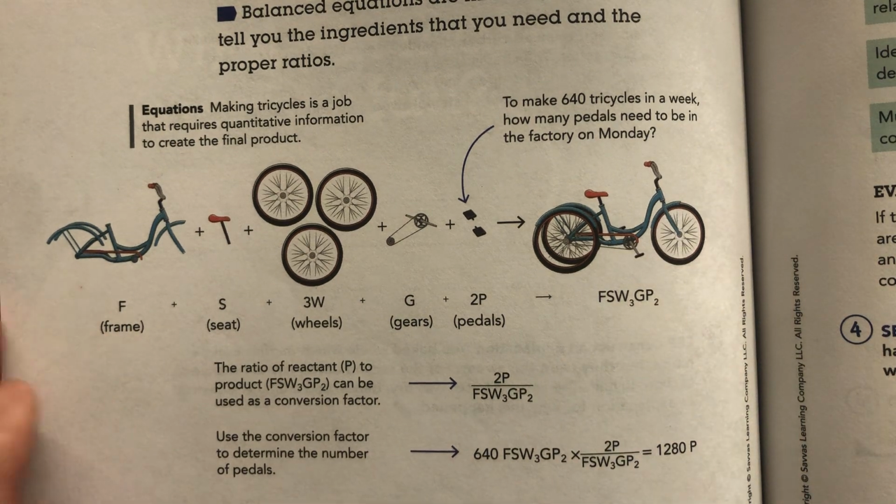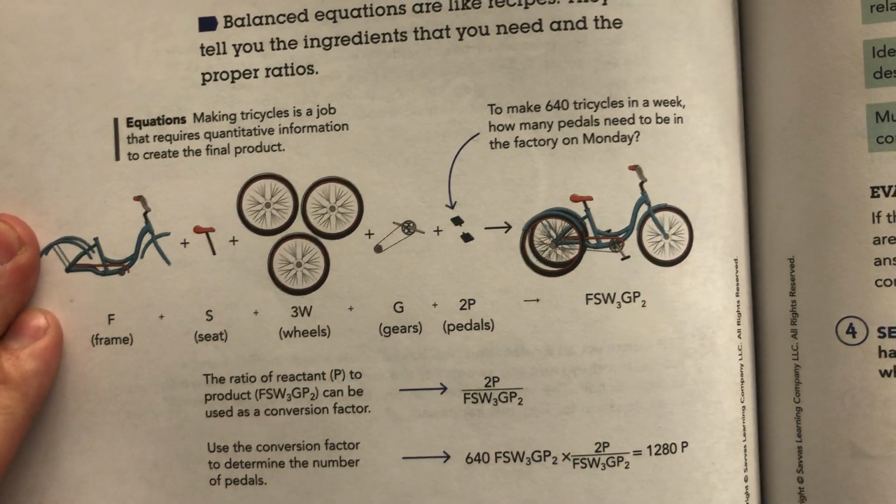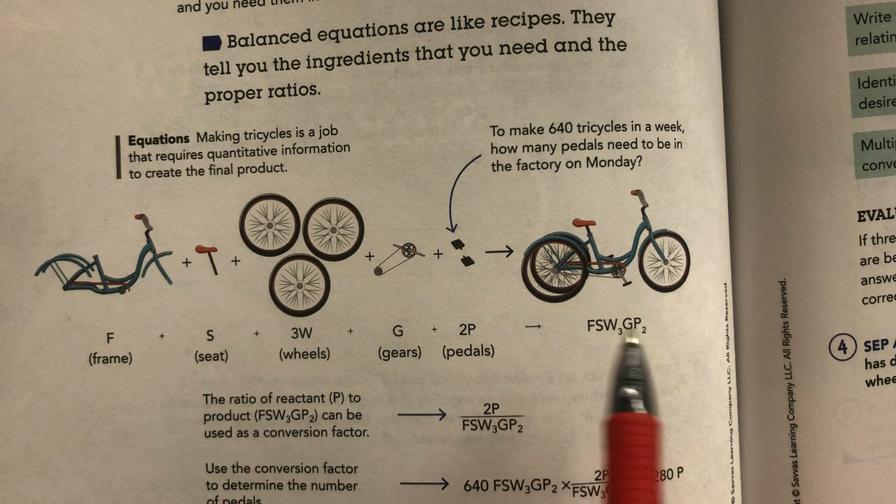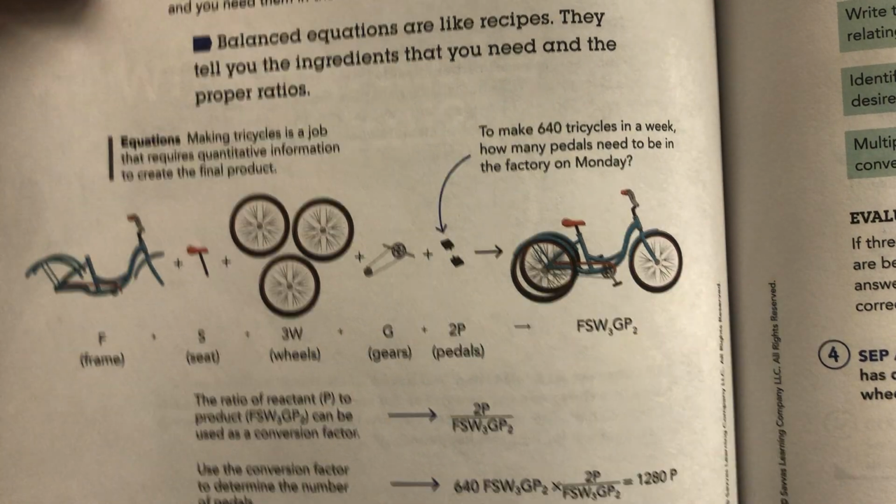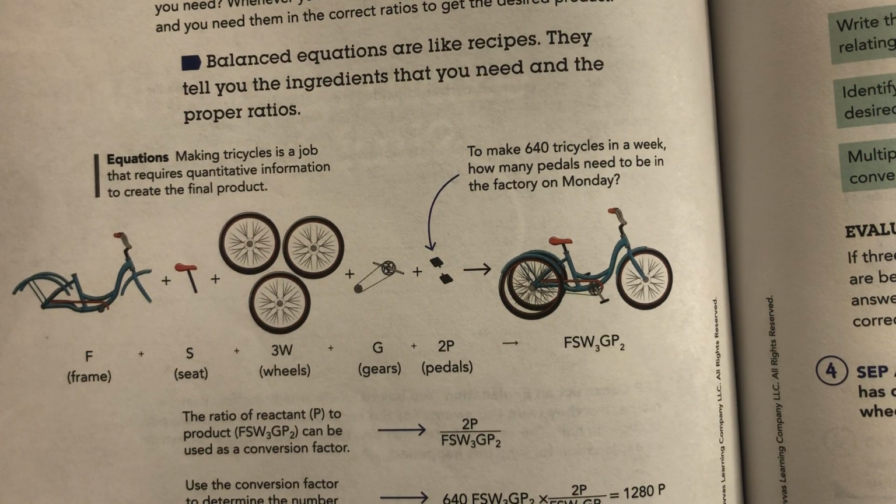So I'm going to write this out on a separate card so you can follow along. This is our tricycle equation, and I'm going to be referring to it, so please keep this in mind. To build my tricycle, I need a frame, seat, wheels, gears, and pedals.